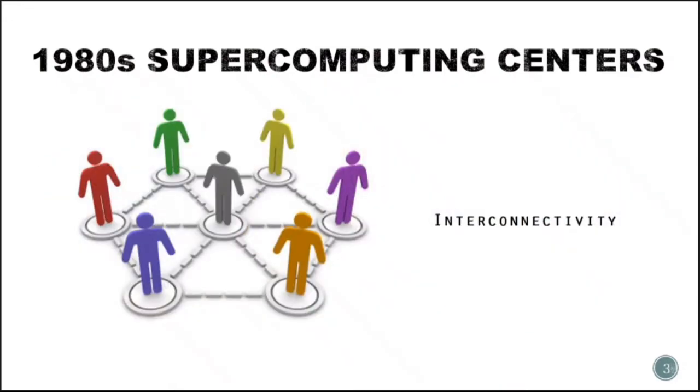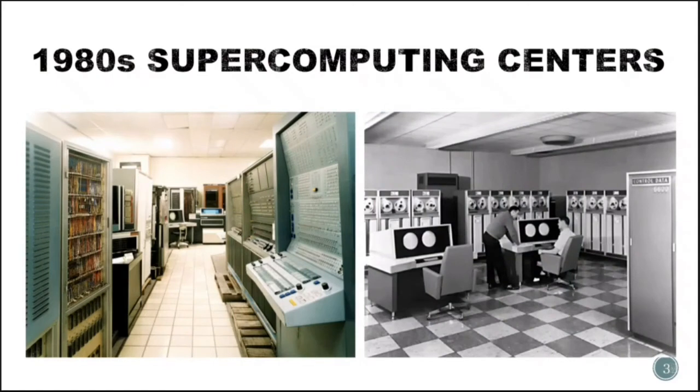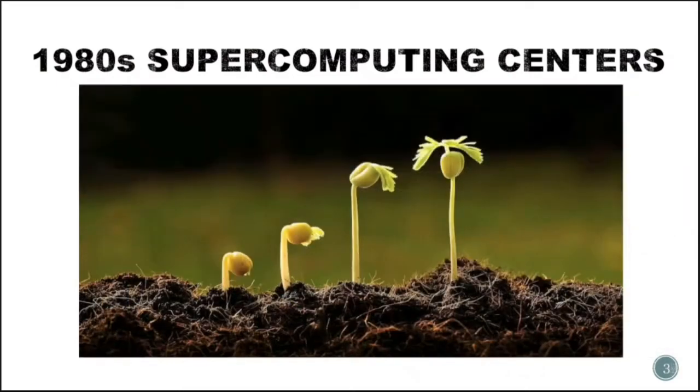This provided interconnectivity in 1986 with the NSFNET project, thus creating network access to these supercomputer sites for researchers and academic organizations in the United States. So this marked the beginning of the internet.